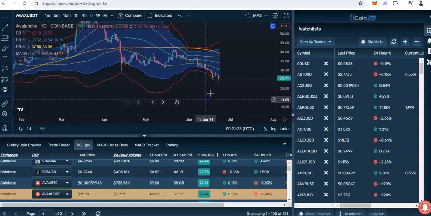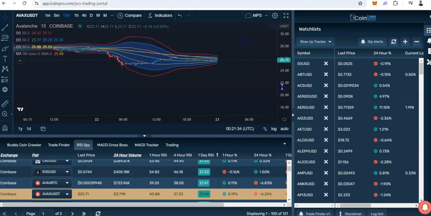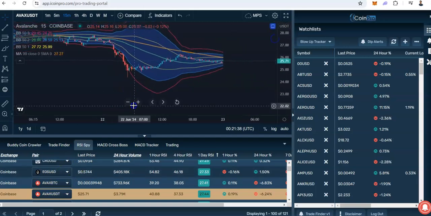I'm not so sure if this is a great trade. I would not necessarily trade this, but remember what the co-owner said at 6:33, that AVAX is one of his buddy coins, and he said that at this time right here, right about there.